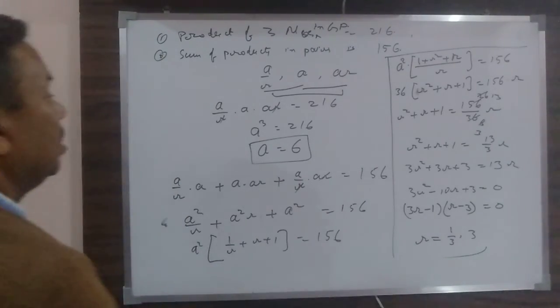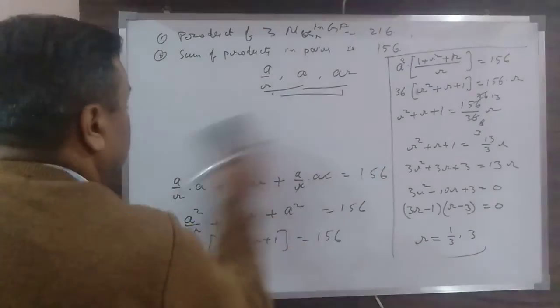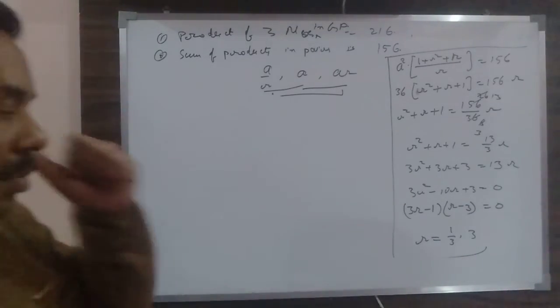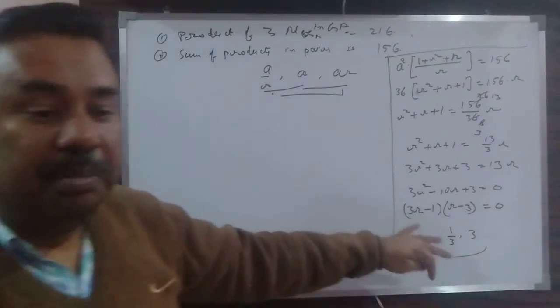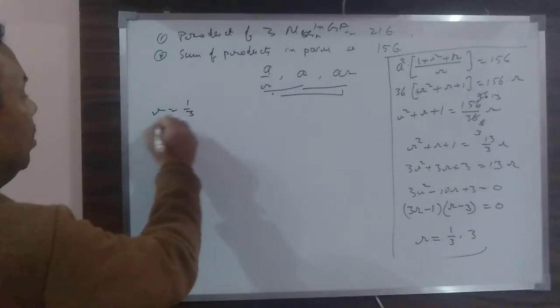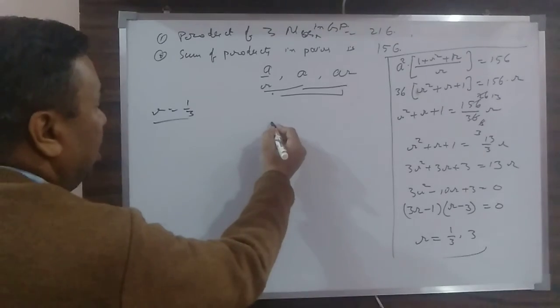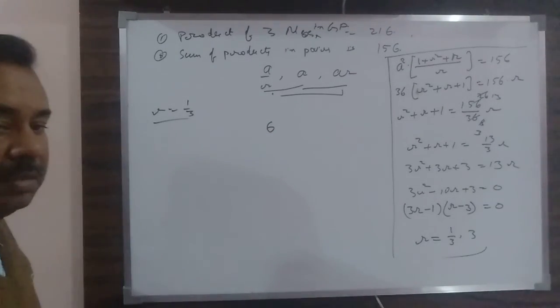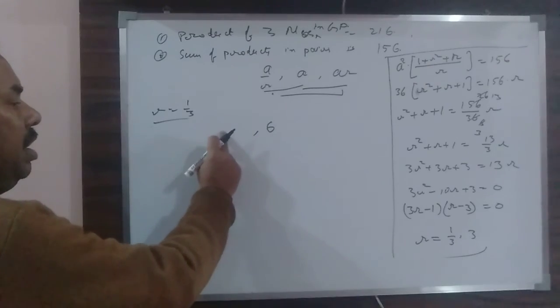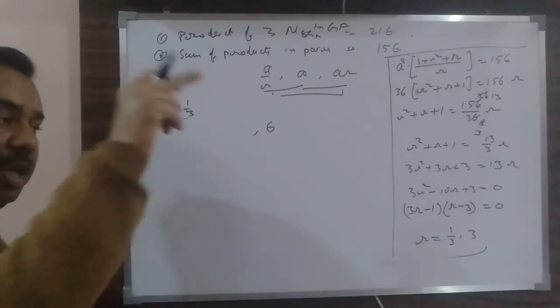So using this, what will be my 3 numbers? See, if I take r equal to 1 by 3, the middle number a is 6. The first number will be 6 divided by 1 by 3 or 6 multiplied by 3.